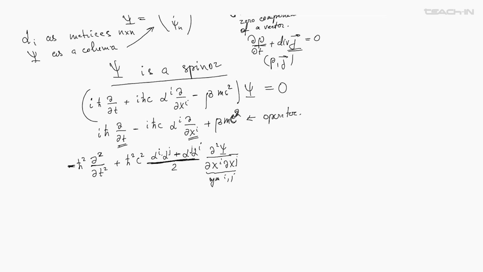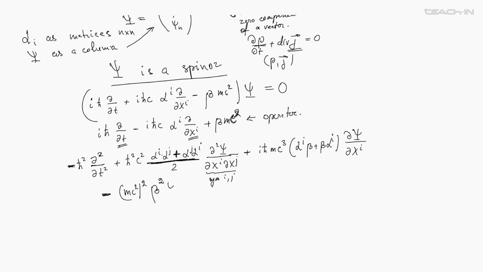Then you will get a term i h bar m c cubed, alpha_i beta plus beta alpha_i, times d psi over dx_i, the term with the first derivative. And finally, you will get a term without derivatives, m c squared squared, beta squared psi. And this is all equal to 0.